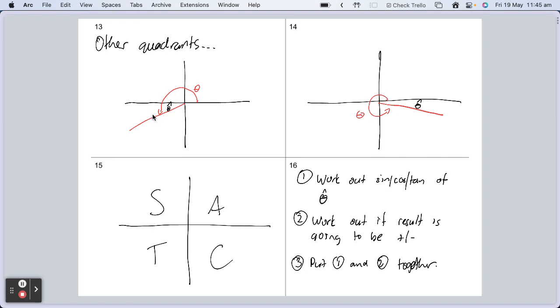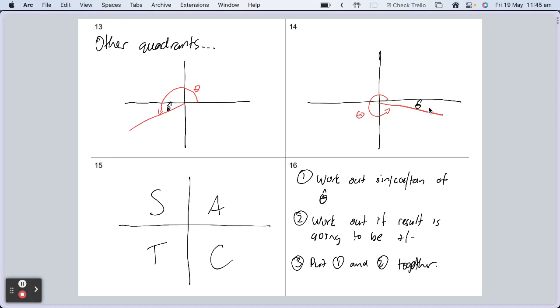So if it's a third quadrant angle, theta hat, that acute angle, is between the x-axis and this line here. And then if it is an angle between 3 pi on 2 and 2 pi, then it will be theta all the way around here, and the acute angle will be formed between the unit line and the x-axis here. That's where the acute angle, theta hat, would be.